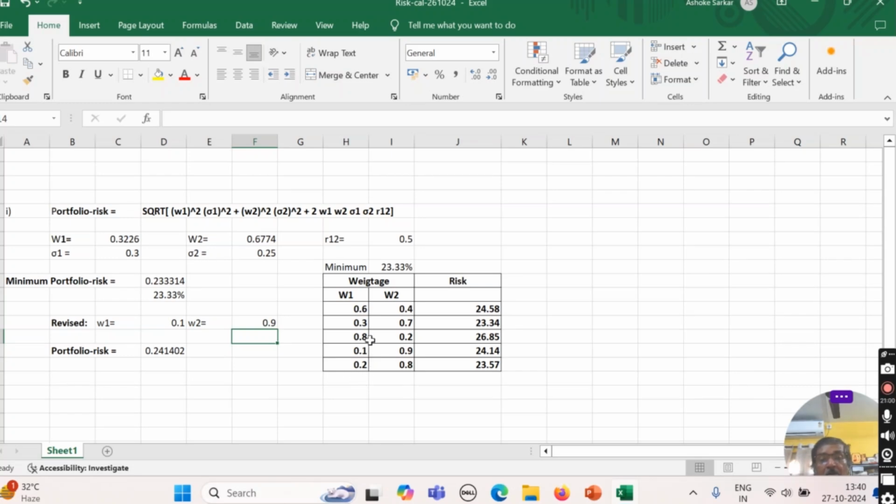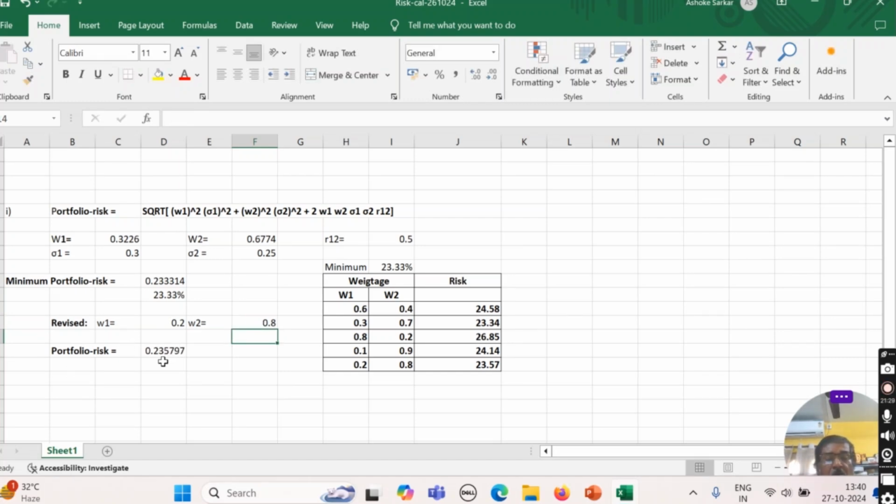Even if you take another combination, 80-20 I have shown, 20-80, then the risk will be this 23.57. Here it is 23.33. So 23.57, 0.2 and 0.8 that I am going to put in. 0.2 and 0.8, and check it.